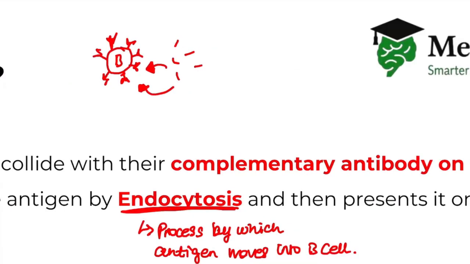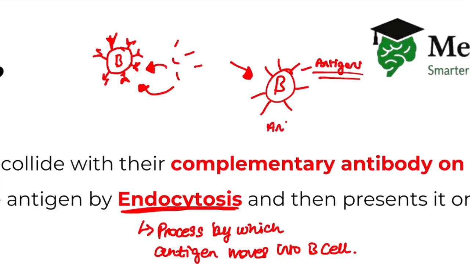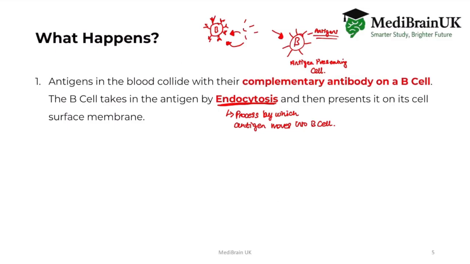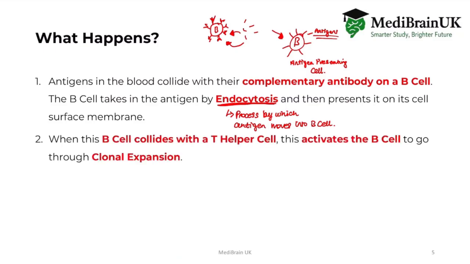And then the B cell will present the antigens on the surface of the B cell. Okay, so these are your antigens. So it's become an antigen presenting cell. Now, our phagocyte was also an antigen presenting cell, and it was activated by a T cell. And that's exactly what happens over here.